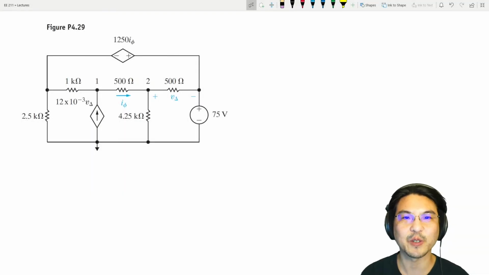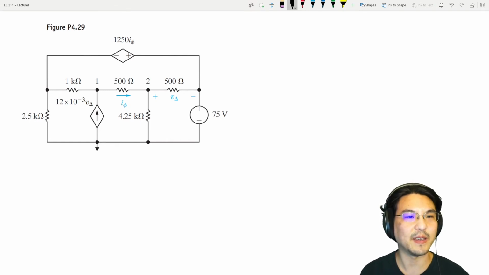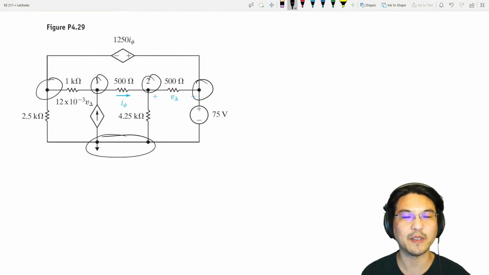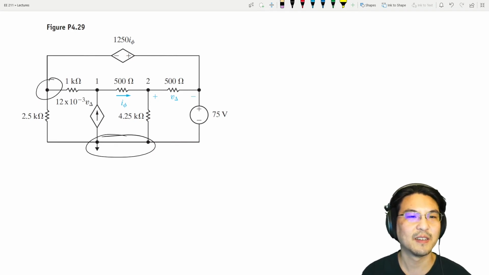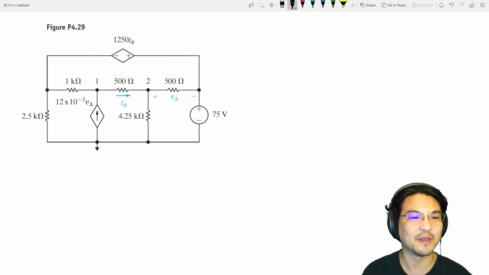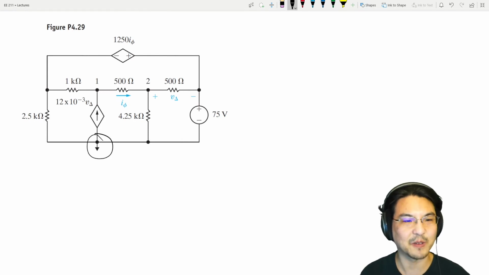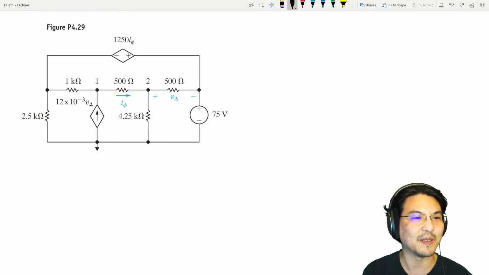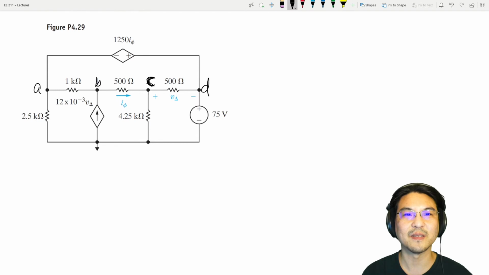Okay, let's give this one a try. So we have, let's say, 1, 2, 3, 4, 5 essential nodes. Let's say I pick a reference here that was drawn there, which I'll agree to. So we have A, B, C, D, 4 unknown node voltages, kind of.